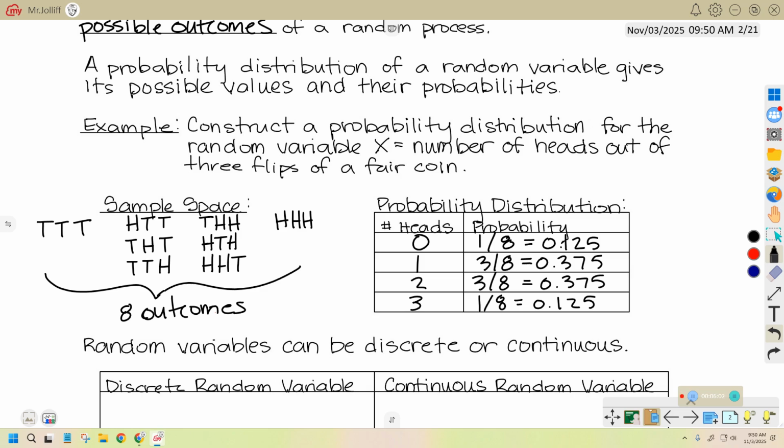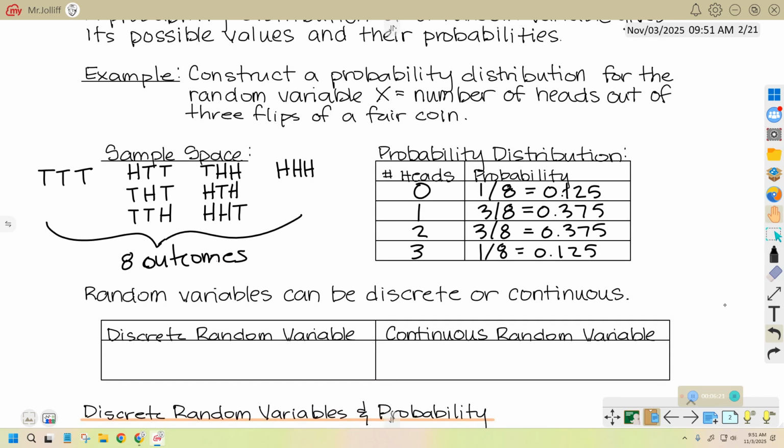And that is how we build probability distributions. Look at all the possible outcomes, categorize them by random variable, how many heads, right? Find the probability. Not too bad.